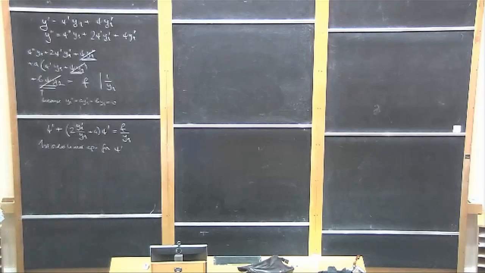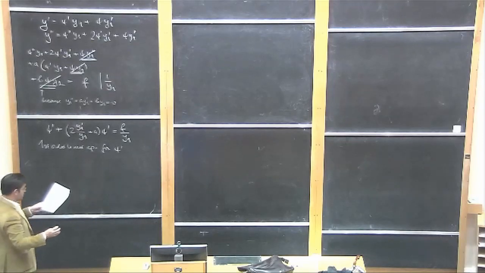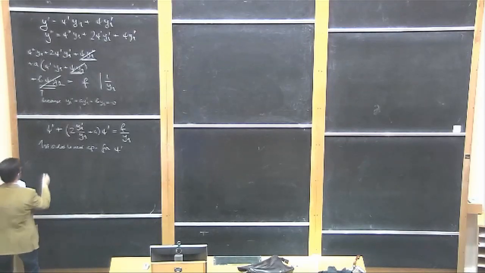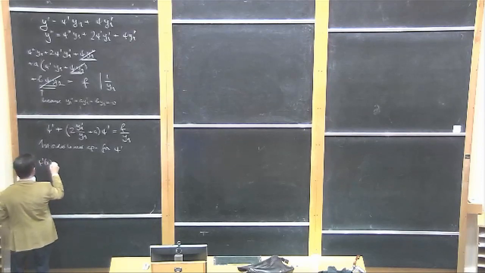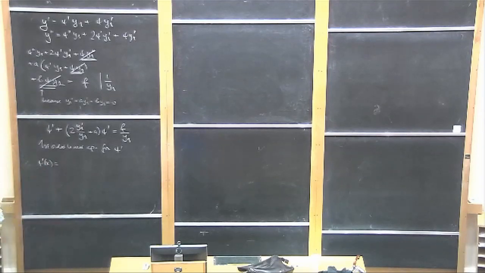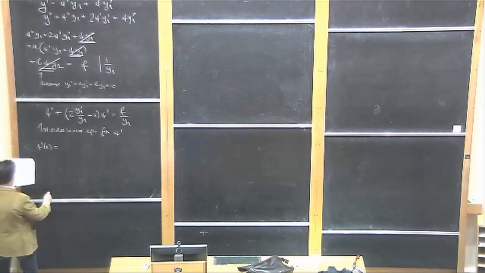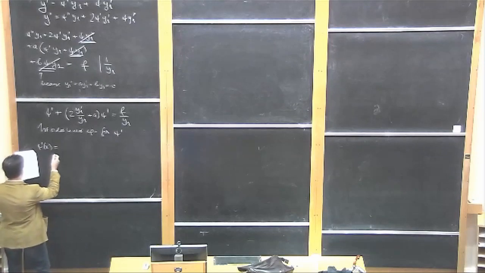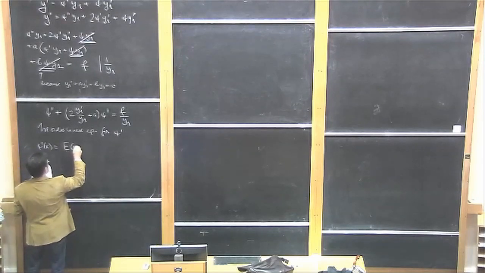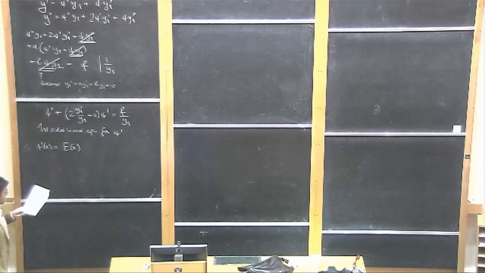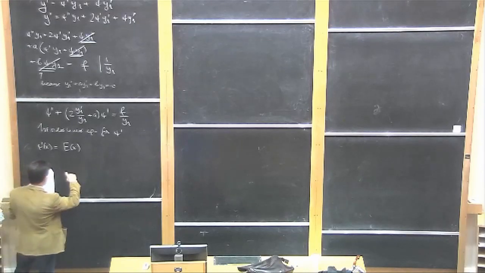Well, I have already taught you how to solve these equations completely generally. So for psi prime, I will just write down the solution, and you can look it up in your notes or mine. So psi prime is going to be the following. There is that quantity E of x that I have defined. I will rewrite its definition in a moment.